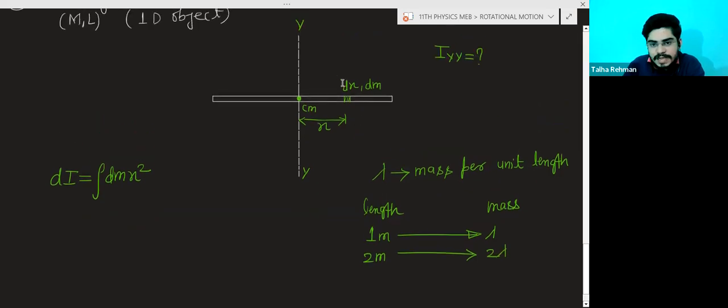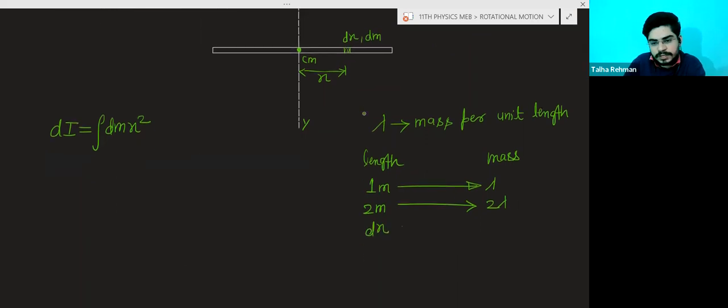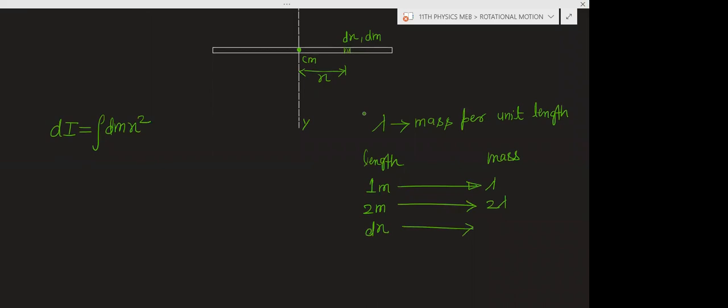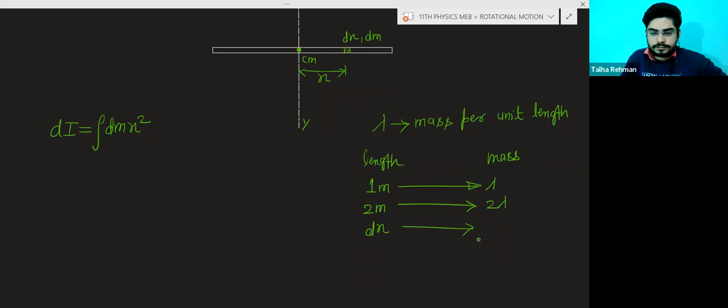So what length do we have? We have length dx. So in dx length, what will be the mass for the dx length? Can you tell me? Dx lambda. Very good. Dx into lambda.